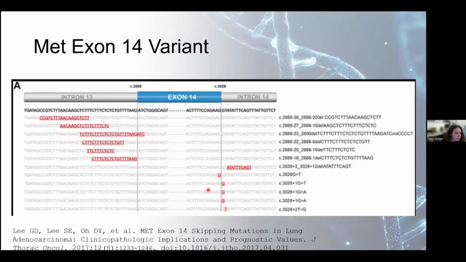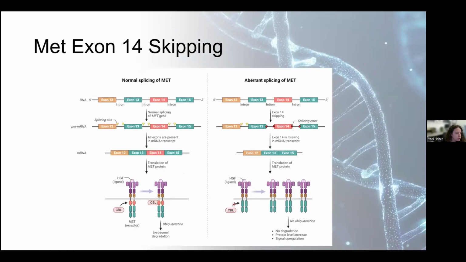All of these mutations result in the same consequence, which is skipping of exon 14, and I will show you how that works. In the normal splicing of MET, the peach exon here is exon 14, and when all the splice sites are normal, the mRNA will have all the exons around exon 14, so 12, 13, 14, and 15.